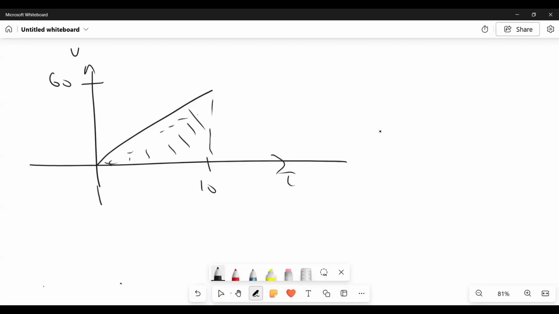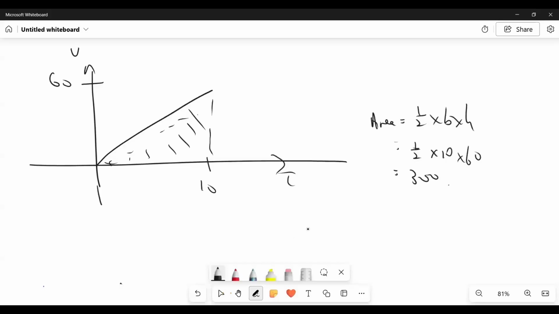Well, there's a formula, right? Area equals half times the base times the height. So in this case, it's half times 10, which is the base, times 60. So 5 by 60 is how much? 300, right?